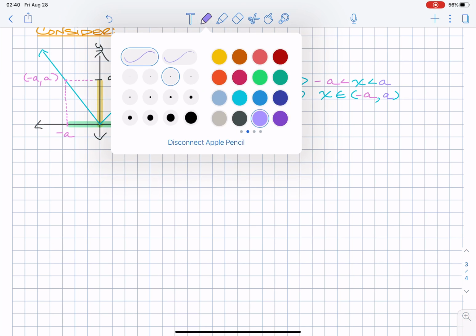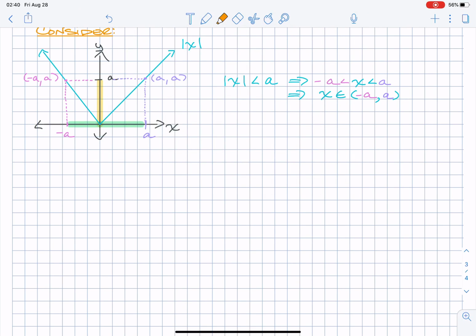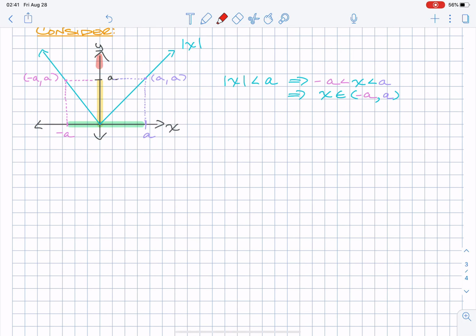Okay, now what if I'm concerned with values of y that are larger than a? Actually, maybe I should use a different color. Okay, so if I want to look at values that are larger, do you agree that I would have to go out to these regions on the graph?